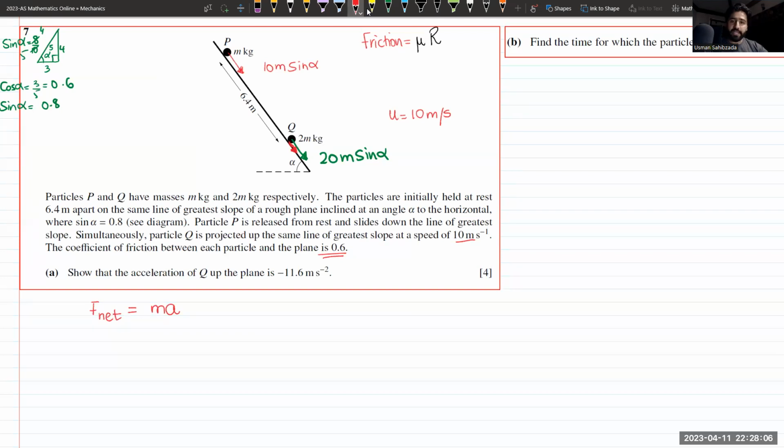So F net, 0 is the driving force, minus we have friction as well as the weight component. So weight is 20m sine of alpha, and we will take away friction from it as well. So I'll separately find friction out and we'll plug it in here. Is equal to ma, 2m being the mass times a.